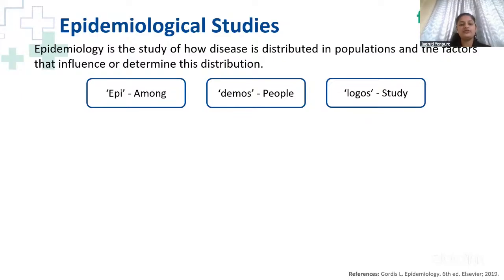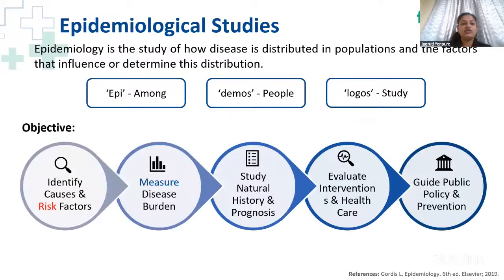So what are the objectives of epidemiological studies? It mainly focuses on identifying the causes and the risk factors of the disease or the outcome that we are focusing on. Then it will measure the disease burden, look into the natural history of a disease and its prognosis in the population.